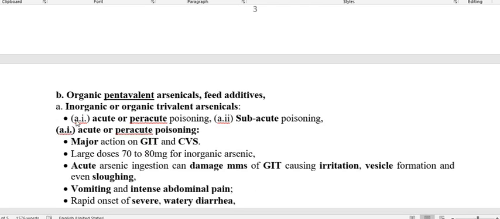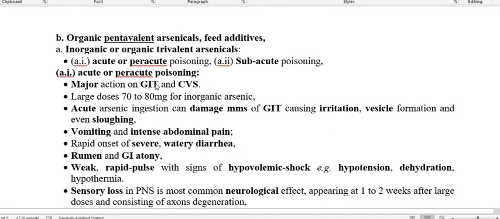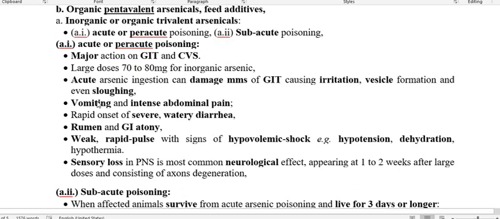If the animal survives, it goes through another phase, the subacute poisoning. Now, the acute or peracute poisoning concerns the trivalent arsenical, both inorganic and organic, and its clinical signs and symptoms. As we mentioned earlier, arsenic has an irritant property.